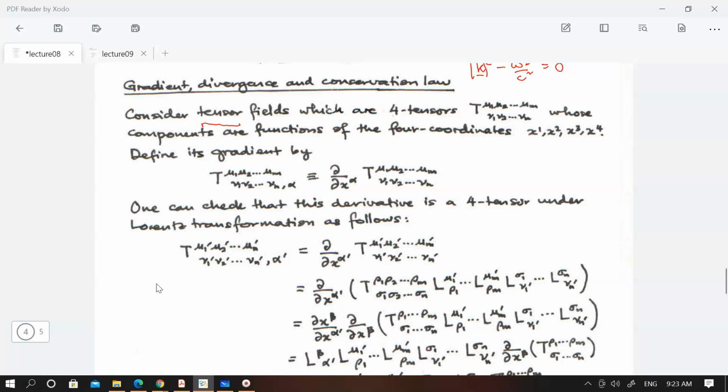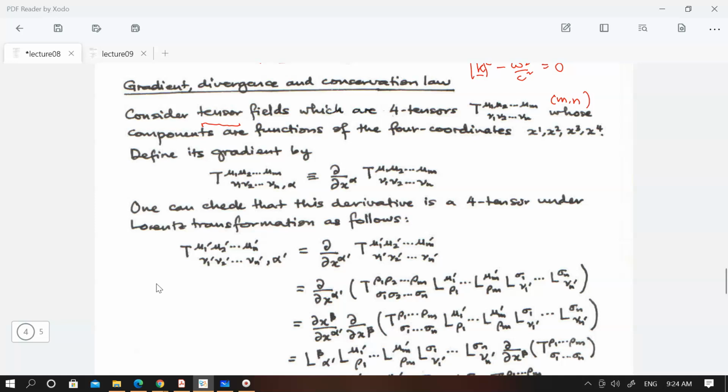So if you have this tensor, which is a rank mn tensor, contravariant rank m, covariant rank n, and if this is defined at all points of the space, then it becomes a tensor field, a function of the coordinates.